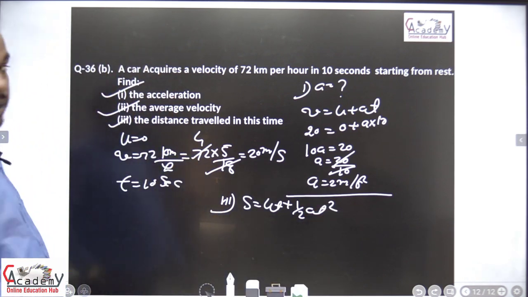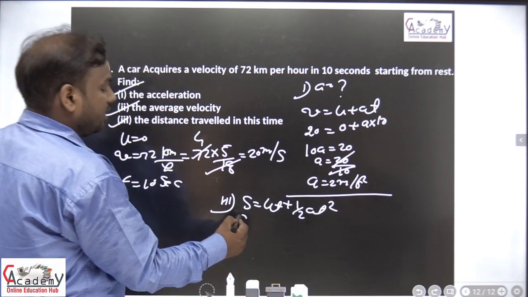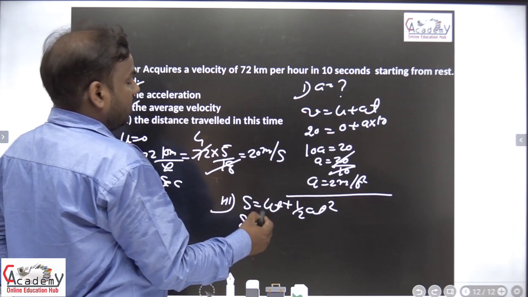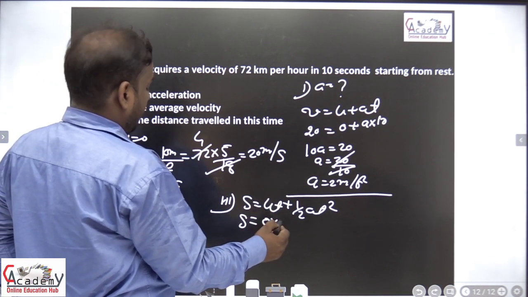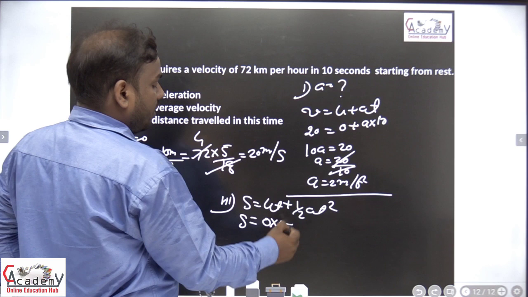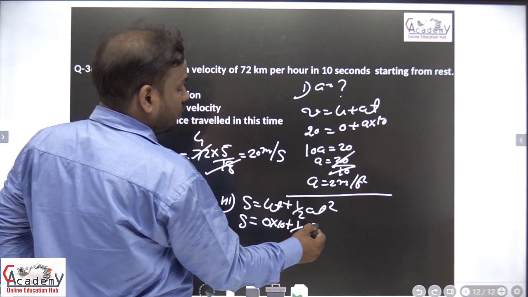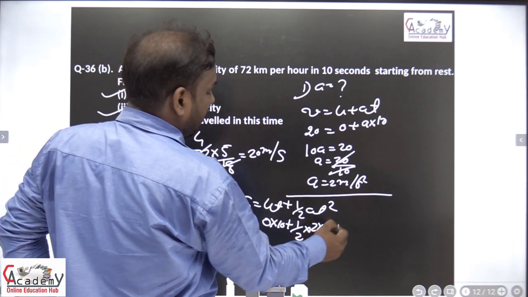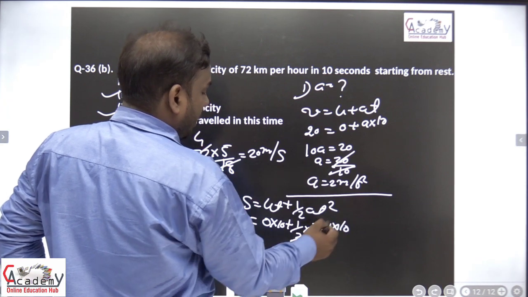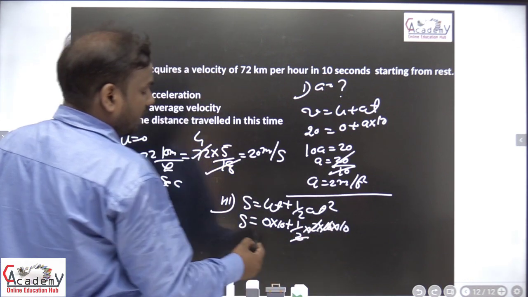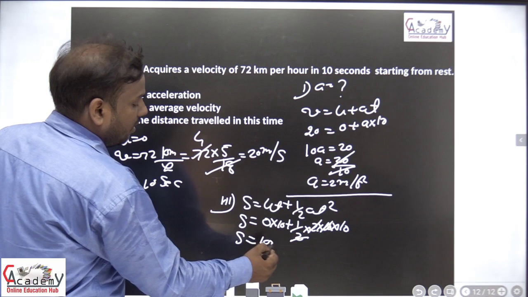So what is the distance covered? What is u? 0 multiplied by t 10, plus half, acceleration is 2, time is 10 multiplied by 10. 2 cancels, s is equal to 10 10s, 100 meter.